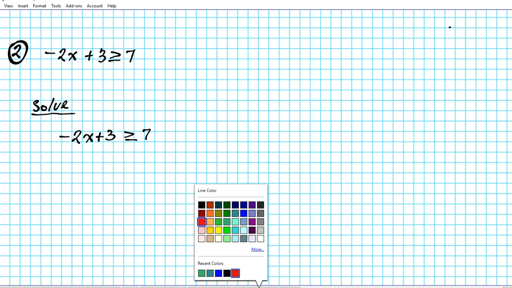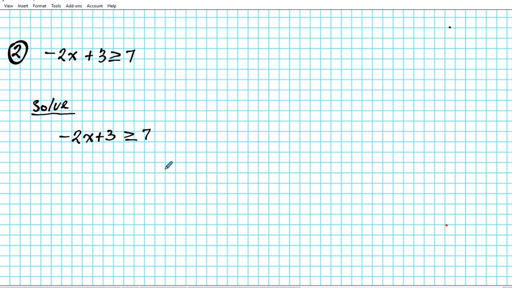Now when you're dividing by negative 2, you have to be really careful, because anytime you divide or multiply by a negative when you're dealing with an inequality, the symbol switches to the opposite direction. So keep that in mind. Alright, let's go ahead and execute our steps. Step 1, you subtract 3 from both sides.